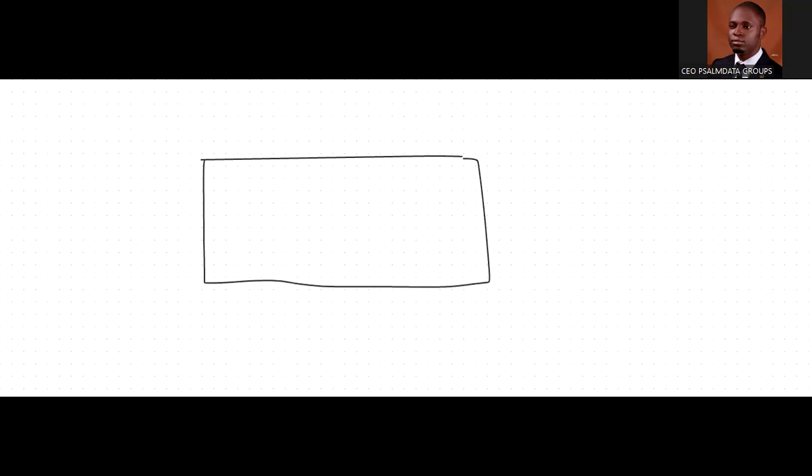So we have what we call a truth table, and it's a very simple idea or logic. Let me draw a table. We have the first input, the second input, and the output.